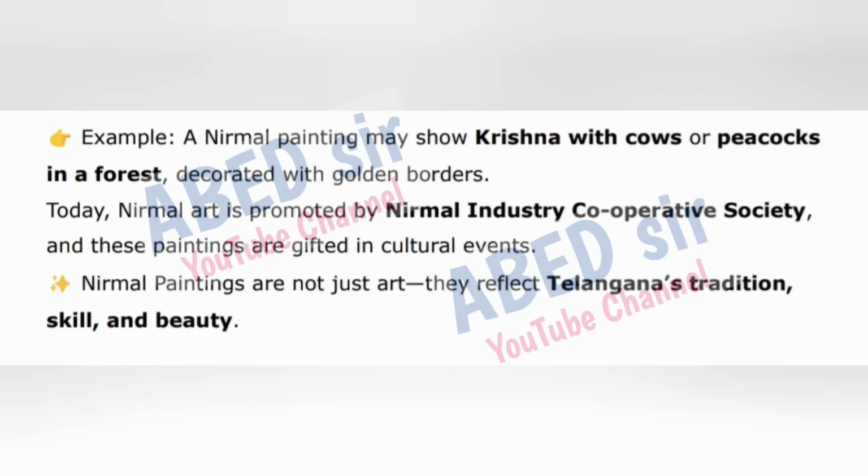Example, a Nirmal painting may show Krishna with cows or peacocks in a forest decorated with golden borders. Today, Nirmal art is promoted by Nirmal Industry Cooperative Society, and these paintings are gifted in cultural events. Nirmal paintings are not just art, they reflect Telangana's tradition, skill, and beauty.